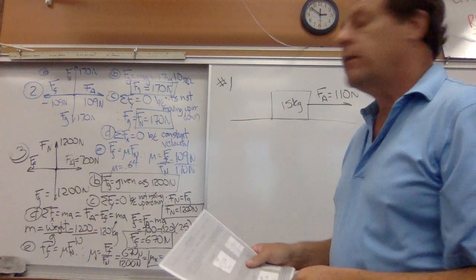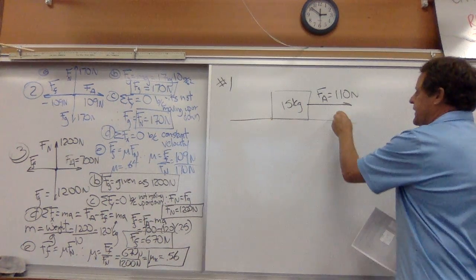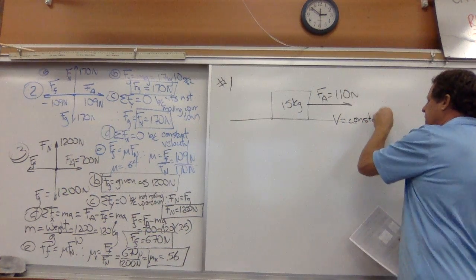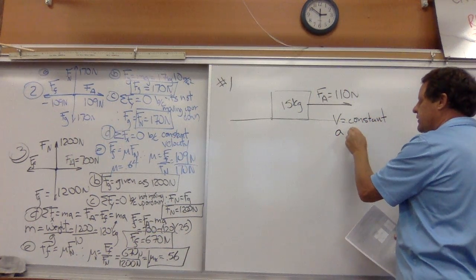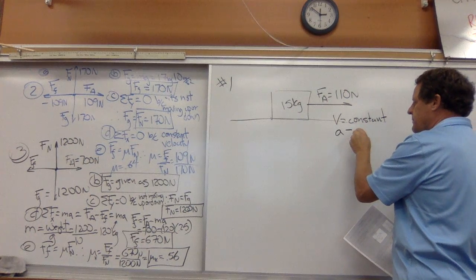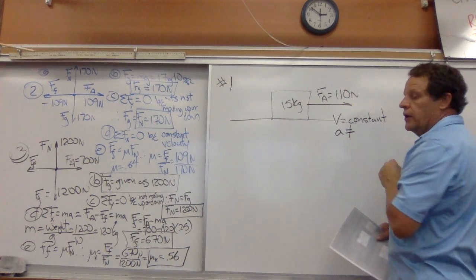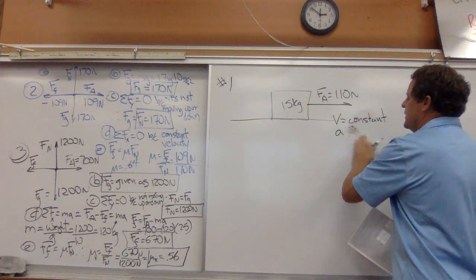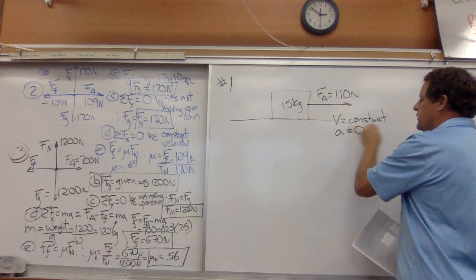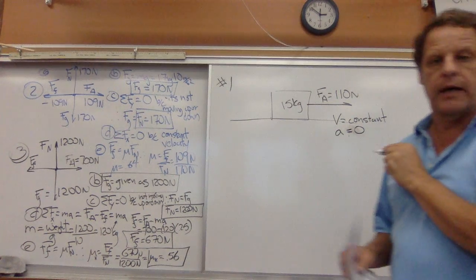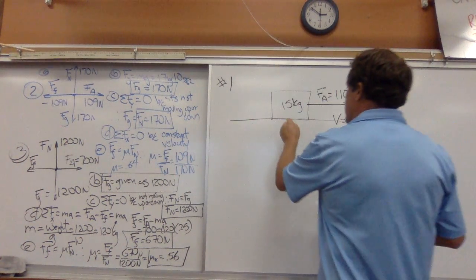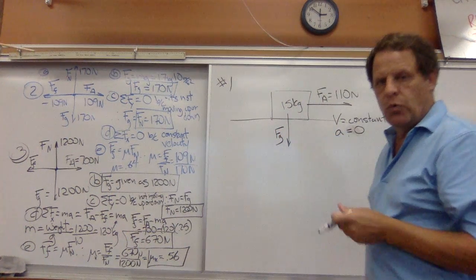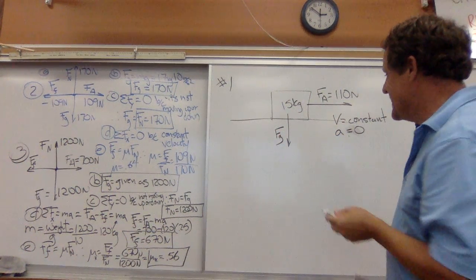Okay, now the velocity is constant, and if the velocity is constant, that means there is no acceleration, or the acceleration is equal to 0. All right, so we're going to have the force of gravity, which is also the weight.